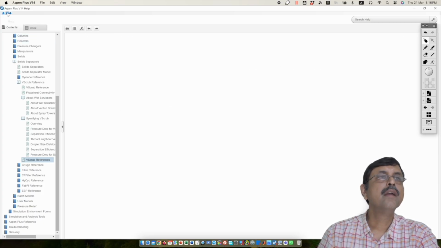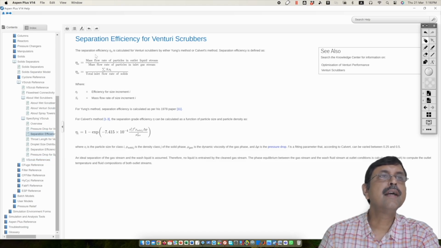So you can see the efficiency is a function of delta P as well. All other things are set by the system properties, but delta P is not set. So either of them has to be specified. So if you specify the efficiency, then you can back calculate delta P, and if you specify the delta P, then you can calculate the efficiency.